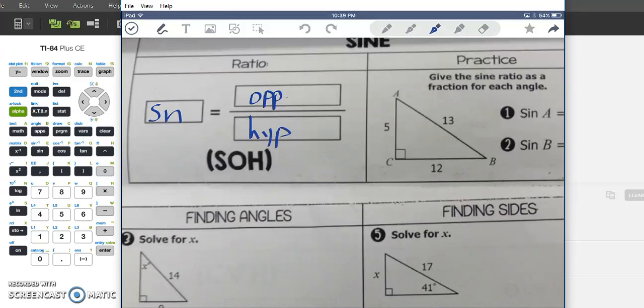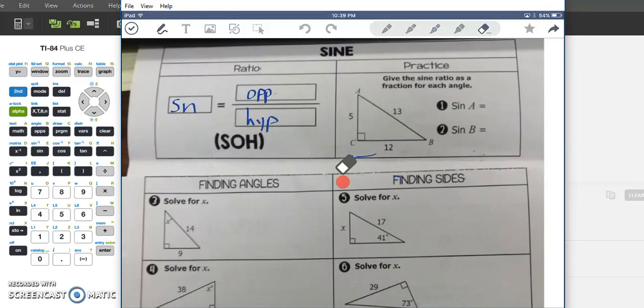Okay, so if we look at our practice to the right, we're talking about sine A. So sine A is this right here. Based off of sine A, this is the opposite, this is the hypotenuse, and the 5 is the adjacent. Okay, so if we did what it tells us to do, opposite over hypotenuse, we end up with 12 over 13.